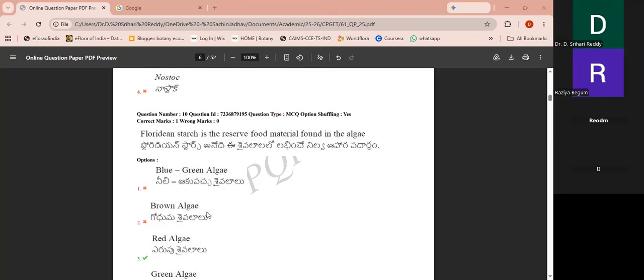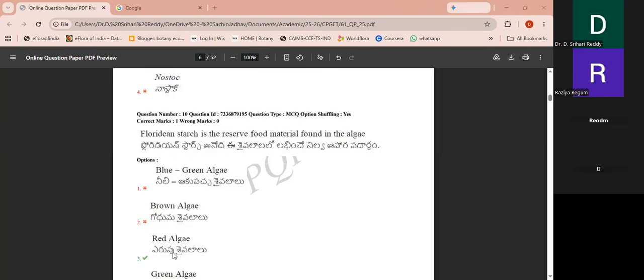they have the reserve food material called laminarin. Laminarin is the reserve food material, and one more is mannitol, which is also present in the brown algae, the Phaeophyceae. And in the red algae, the reserve food material is called Floridean starch.